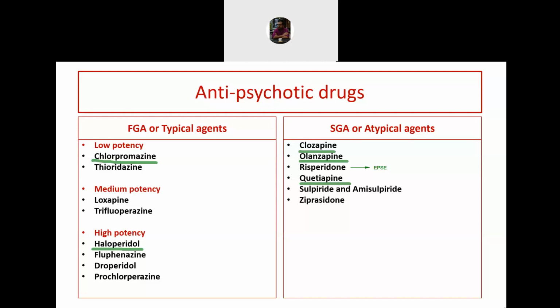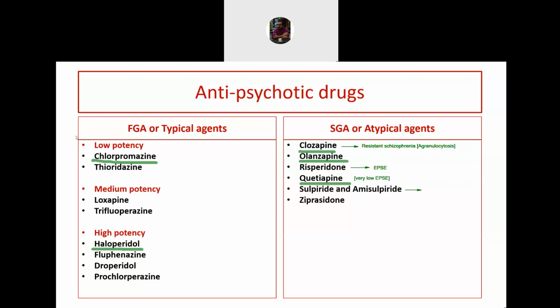Clozapine is particularly useful to treat resistant schizophrenia, that is not responding to any medication. But it is not used routinely because it has a problem of causing agranulocytosis. So the WBC count should be monitored during the therapy. Quetiapine has very low prevalence of extrapyramidal side effect. So it can be used in patients who have motor disorders.